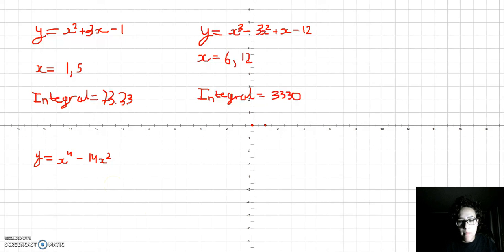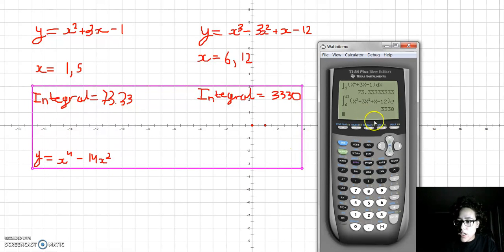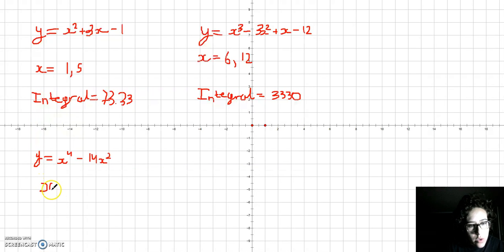A way that we can solve this is actually entering this in a graphic way so that we can graph this line and then find the integral. But before we do that, once again, we need to set our bounds. So we'll do x equals 3, and we'll do it to 7.